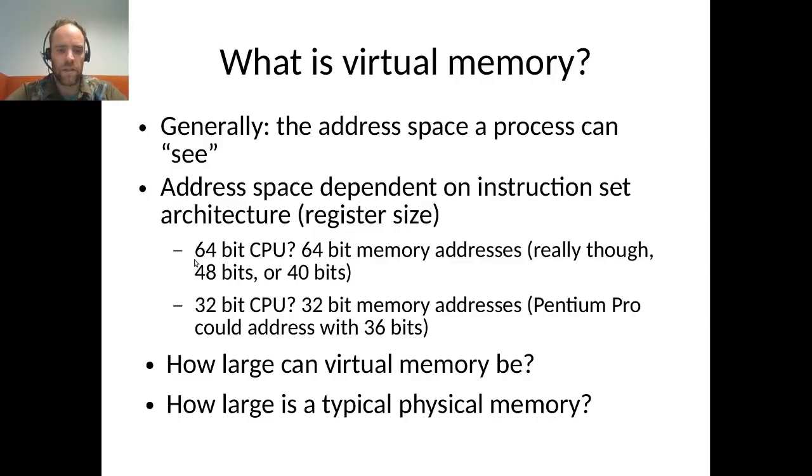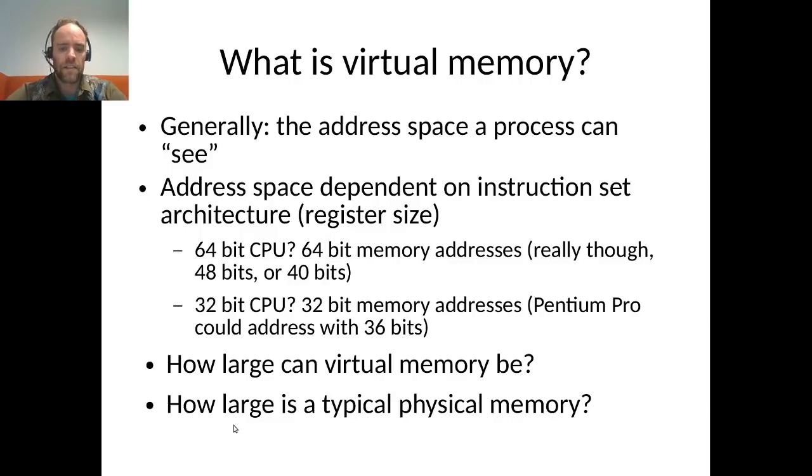That's quite large. In a 64-bit system, that would mean theoretically we have 16 exabytes. And in the 32-bit system, you may be aware of the 4 gigabyte memory limit. So 2 to the 32 is roughly 4 gigabytes.